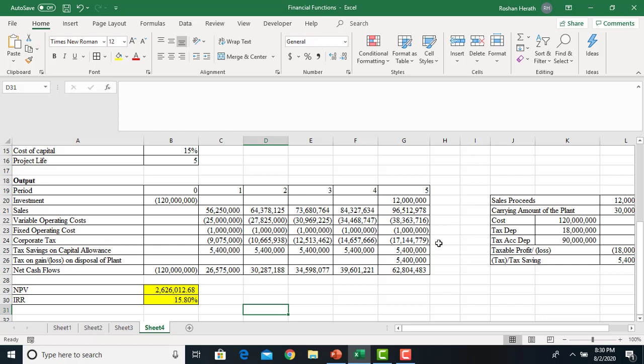Finally, consider the tax on gain or loss on disposal of the investment. This is the easy way out, and you may get used to this. With that, we will finish the discussion about the NPV function and the IRR function.